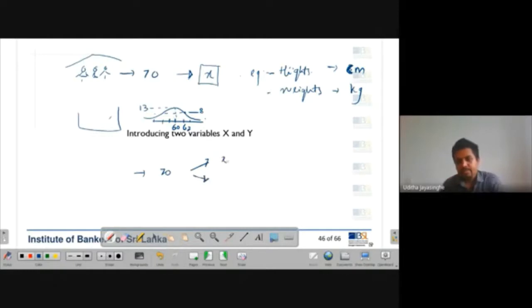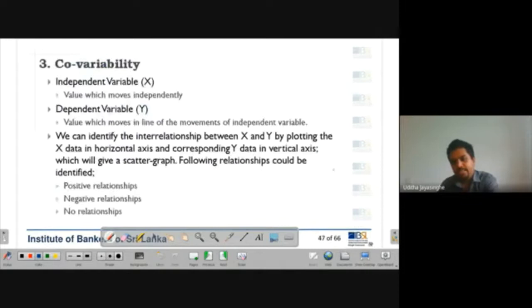What are those? X and Y. The classic example I can quote is that for one particular student, there is going to be height and weight. Height will be demarcated with the variable h, weight with the variable y. Height and weight.